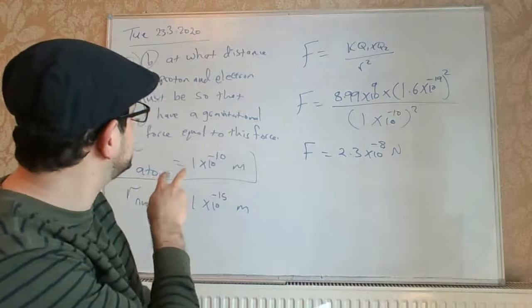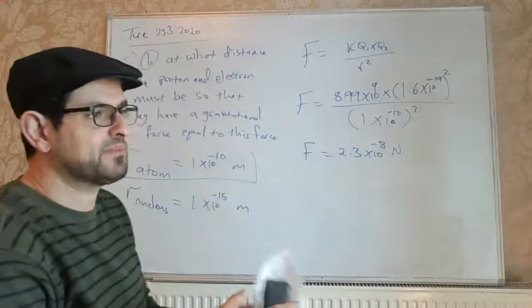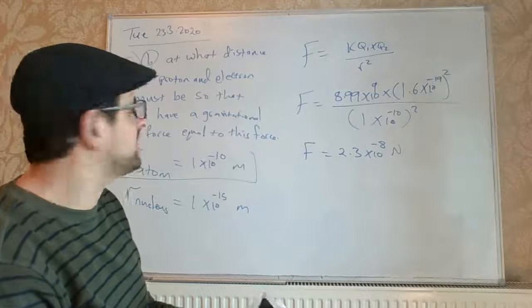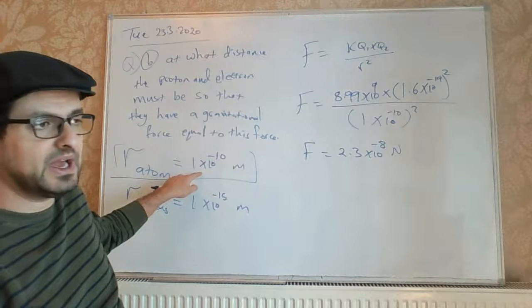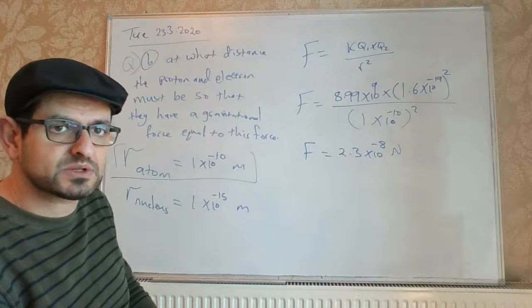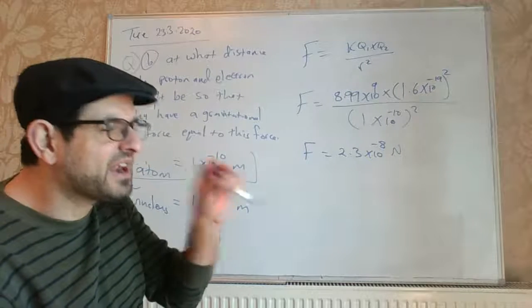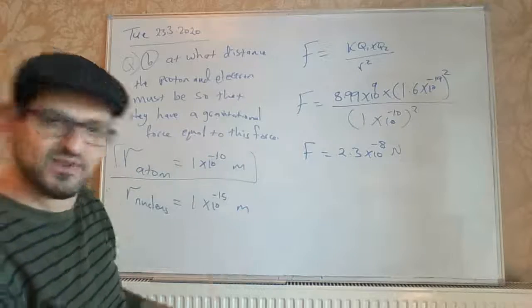Now, at what distance must the proton and the electron be to have the same? By logic, it should be much less than this number. Why? Because we said the gravitational force is the weakest force. So they have to be very close for the gravitational to equal the electric. Let's calculate.